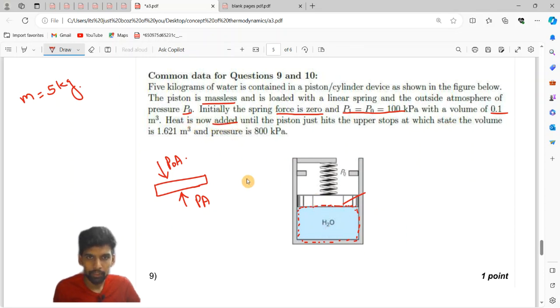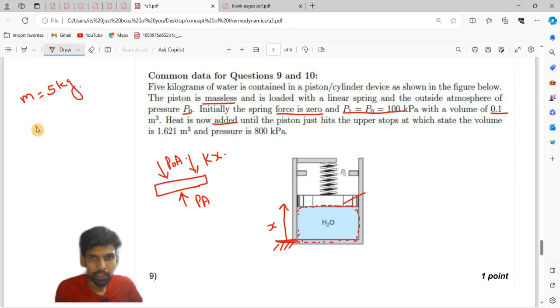After heating, it will expand, so the restoring force will act downward, which is nothing but K times X. X is the displacement, at any state X, measured from a reference, say the bottom of the cylinder. It won't be of any use while solving the problem, but still I have mentioned it.